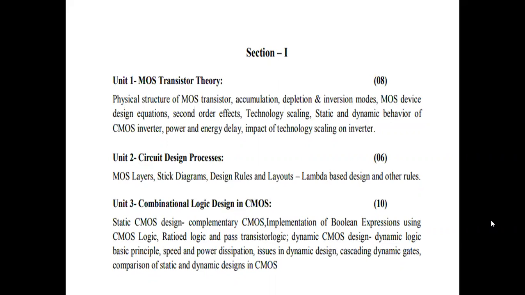Now the third unit covers combinational logic design in CMOS. We are going to design different combinational logic circuits using CMOS.